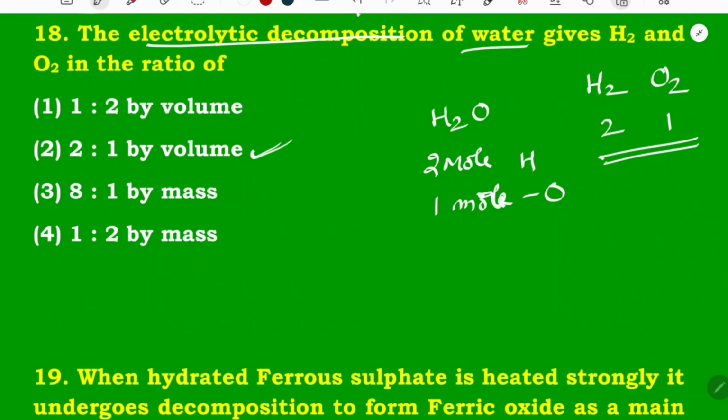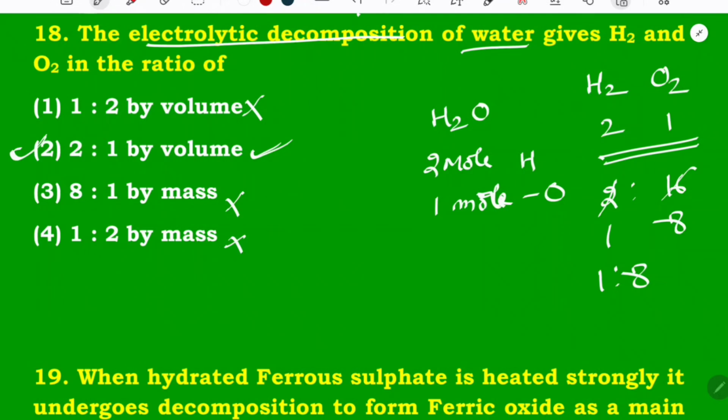So hydrogen and oxygen are in 2:1 ratio by volume. By mass, hydrogen mass is 2: 1 hydrogen is 1, 2 hydrogens 2, and 1 oxygen is 16 for 2 oxygens... 1 oxygen 8, so the mass ratio is 1:8, but 8:1 is given, so it's not correct. These three are incorrect. The correct answer is 2:1 by volume.